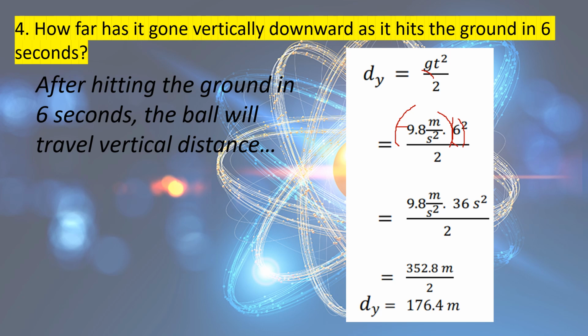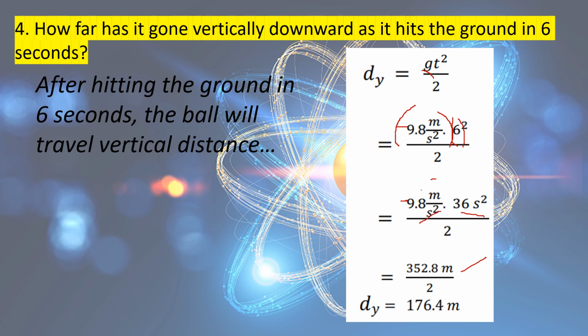Okay, so let's copy negative 9.8 meters per second squared. And 6 is squared, so 6 times 6 is 36 second squared, over 2. Next, multiply negative 9.8 by 36 second squared. The answer is 352.8 meters.